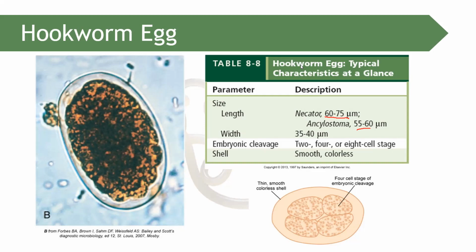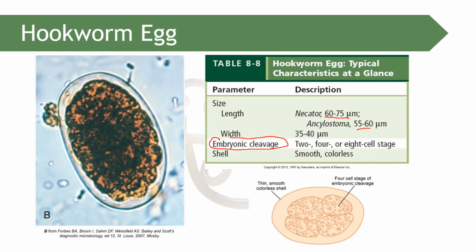That's why if you are not capable to measure the size of the egg, you cannot identify if that is Necator or if that is Ancylostoma. Take note that the egg of hookworm consists of what we call embryonic cleavage. Sometimes it can be two, sometimes four, or sometimes eight embryonic cleavage.